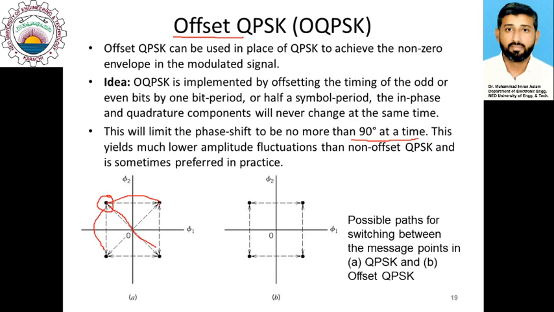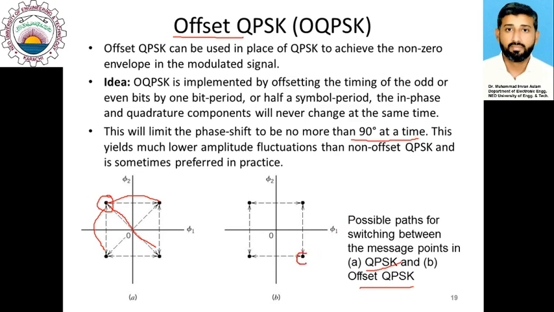From this one to this one you have a phase transition of 90 degrees, but from this one to this one you have a phase transition of 180 degrees. So any possible combination of phase transition is there when you have a QPSK system. For offset QPSK, the maximum possible phase shift is 90 degrees at a time.